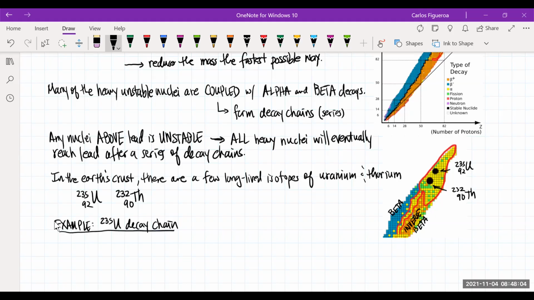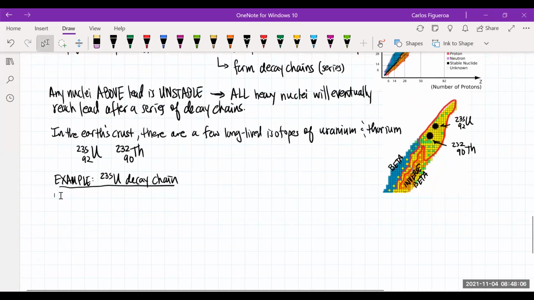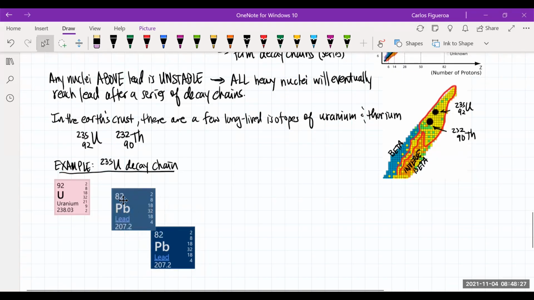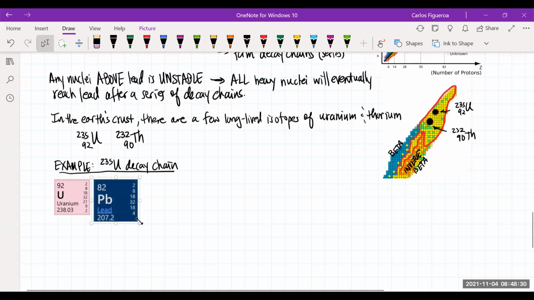So if I look at the decay chain, then that means I have uranium. And if I have uranium, then that means I must have lead. So if I look at lead, we know it's got to move in that direction. So those are the important two elements here. Okay, these two elements are the important ones. So now let's go look at what happens here.